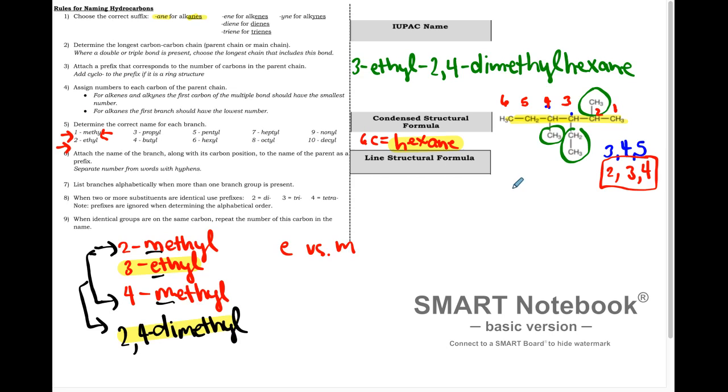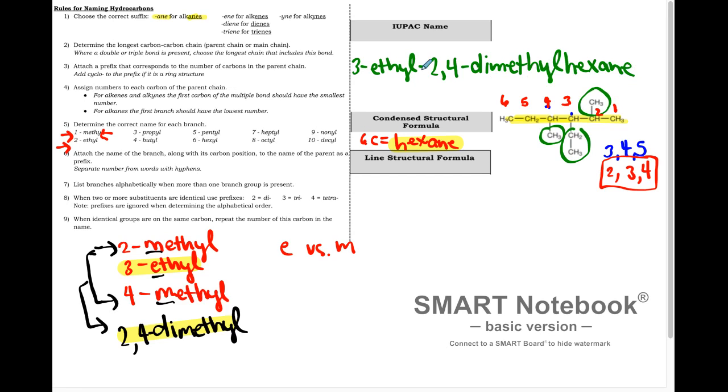All one word. The numbers and the words are going to be separated by these dashes. But if you have numbers, you separate them with commas. Always have your substituents at the beginning and then your parent chain at the end.